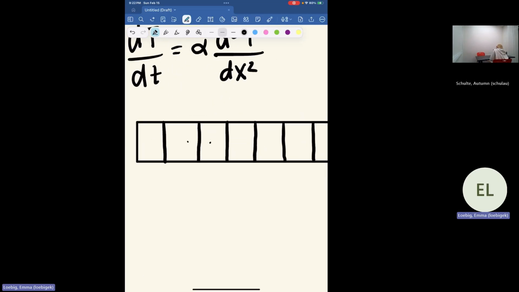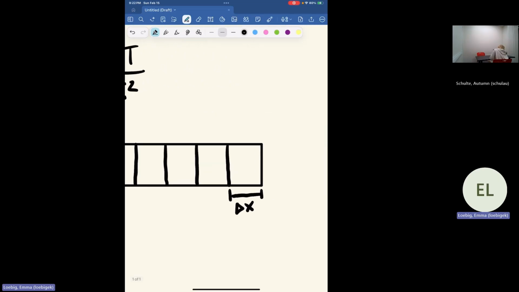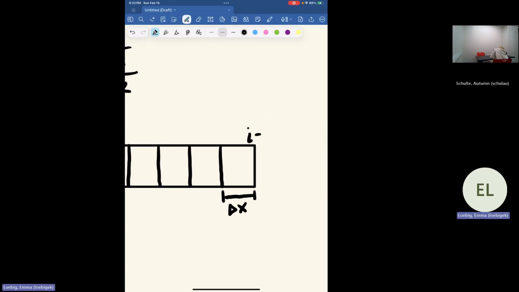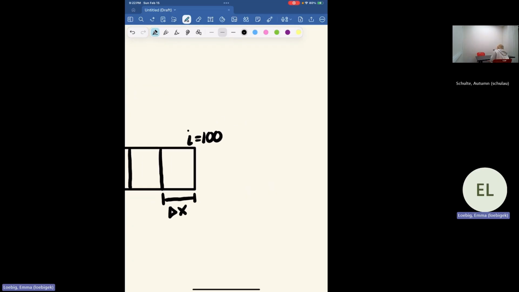Now, to keep track at whatever section we're at, we're going to use a counter, and we're going to use the variable i. So over on the left, this is going to be at i is equal to 0. And on the right, this is going to be i is equal to 100. We're just going to imagine that we have 100 slices here.